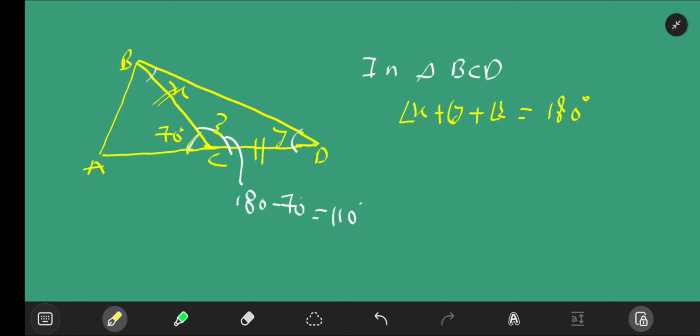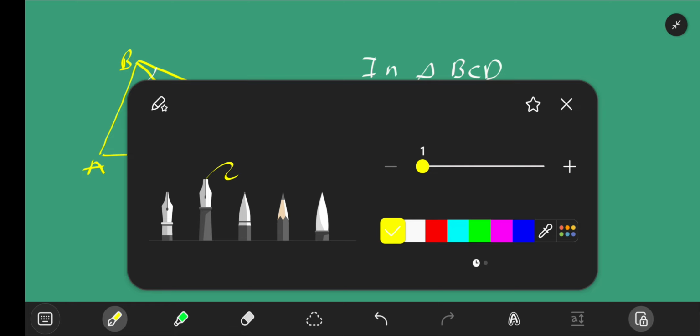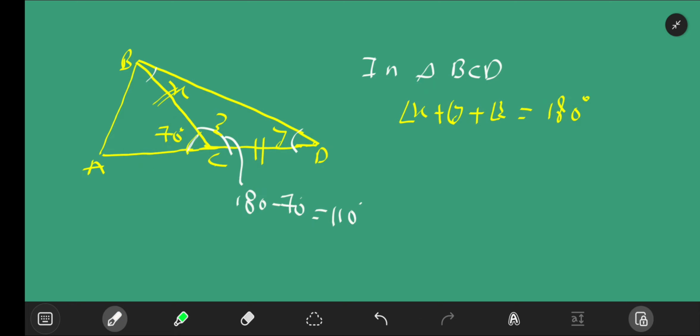As we know, the sum of three interior angles of a triangle must be equal to 180 degrees. From triangle BCD, angle x plus angle z plus angle y is equal to 180 degrees. I have written like this.